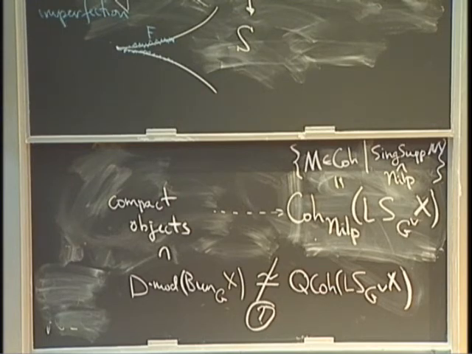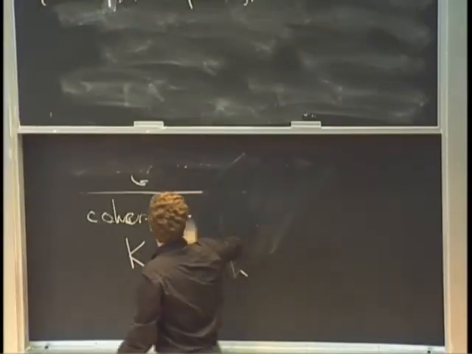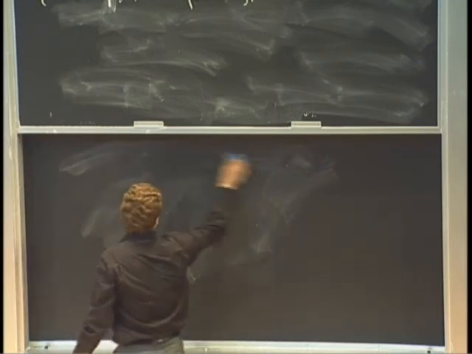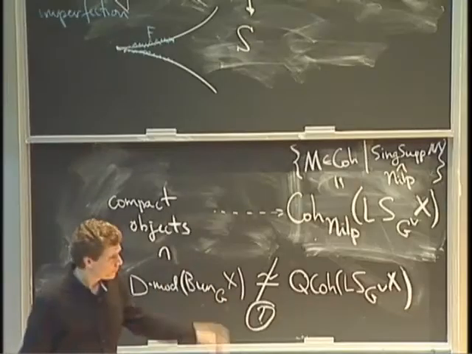So here's one of the consistency checks that we put this version of the geometric Langlands conjecture through. Namely, I'm basically trying to explain in what sense this category is just right.